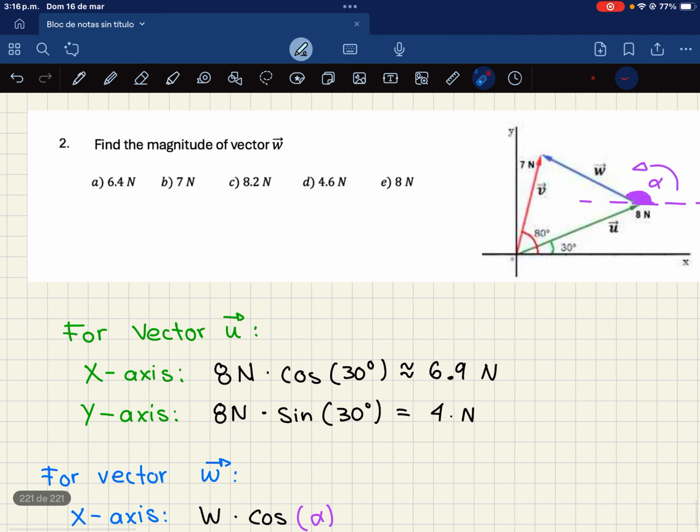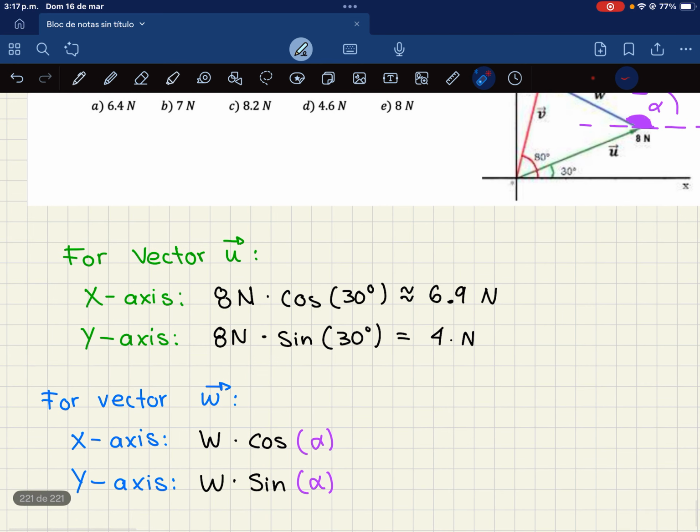For vector U, we note that it has 30 degrees counterclockwise, and a magnitude of 8 newtons.